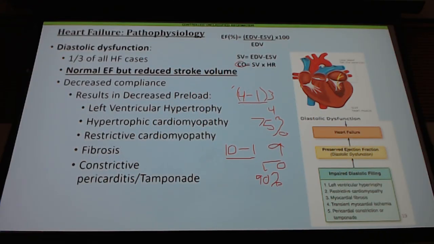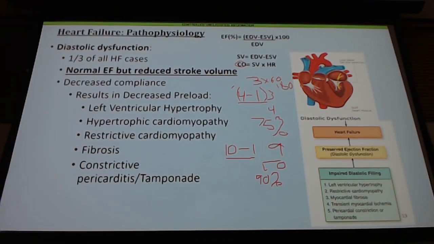So stroke volume is end diastolic volume minus end systolic volume, basically this in the parentheses of your EF. So 3 in this diseased heart, so 3 times 60, we'll say is the average heart rate, is 180 milliliters per minute. Okay.